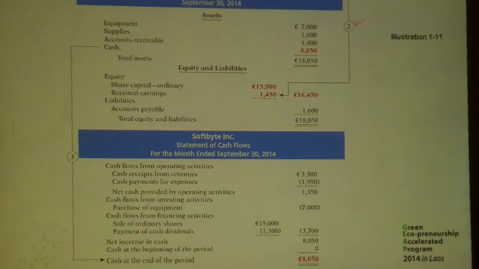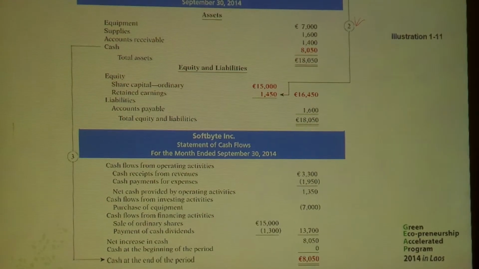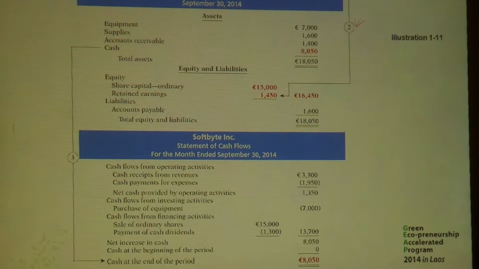Financing activities only has to be under the financing activities: money received from selling stocks, money borrowed from the bank, or money paid in terms of dividends.